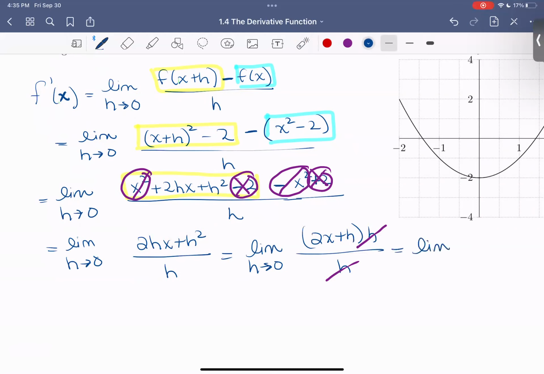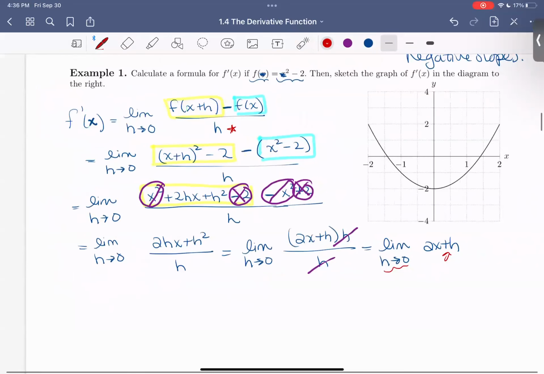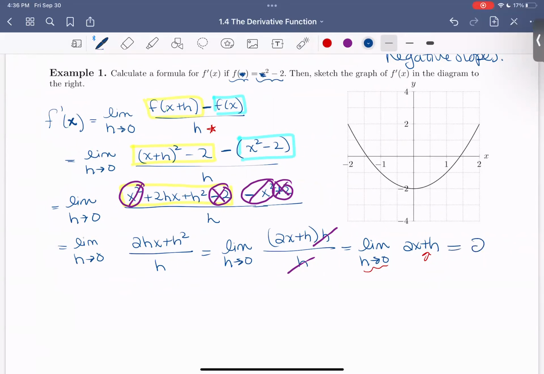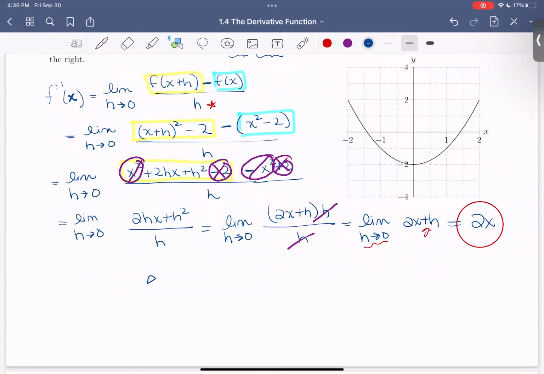The limit as h goes to 0 of 2x plus h. And now there's nothing wrong with plugging in h equals 0 here. Recall, I can't plug in h equals 0 up here because that would mean I'm dividing by 0, which we cannot do. So then I can just compute this limit to be 2x. My answer here is 2x. So that means in final, what we've computed is the derivative f prime of x is equal to the function 2x.